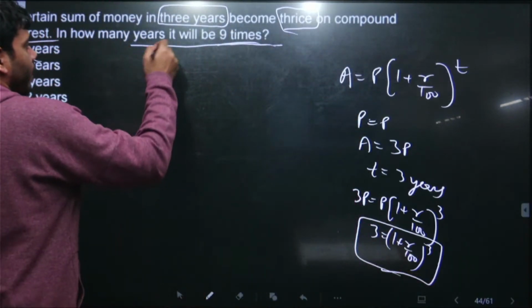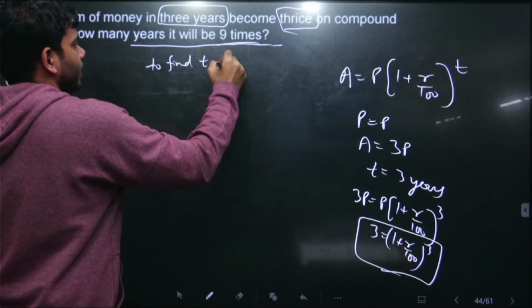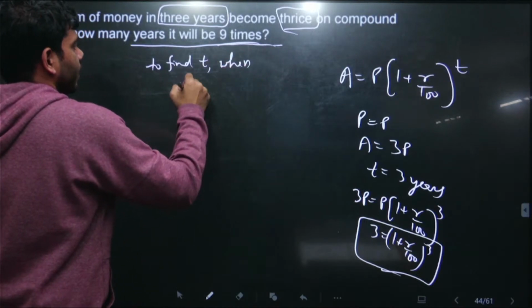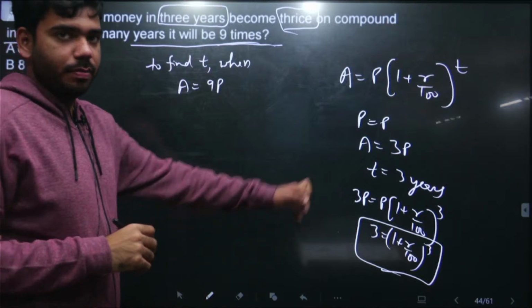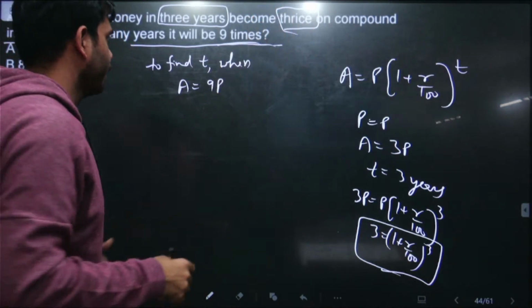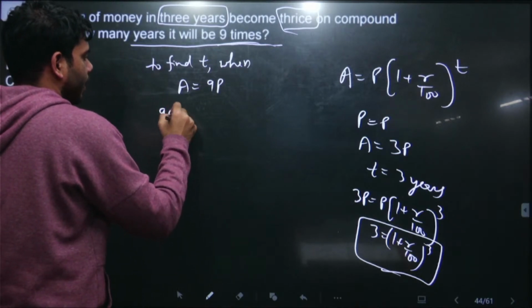Now we need to find T when A is 9P. We need to find the time when this principal amount becomes 9 times. So exactly putting this value in the formula again, in place of A, I put 9P.